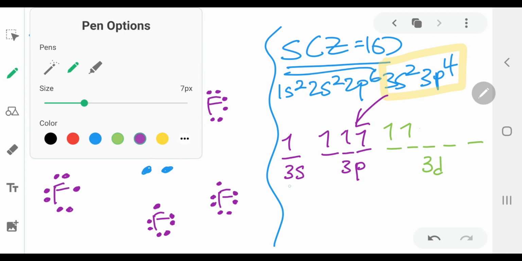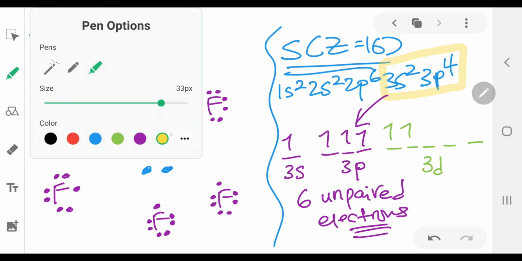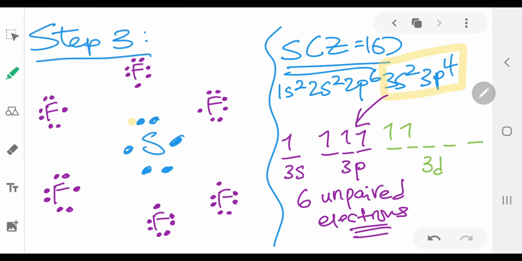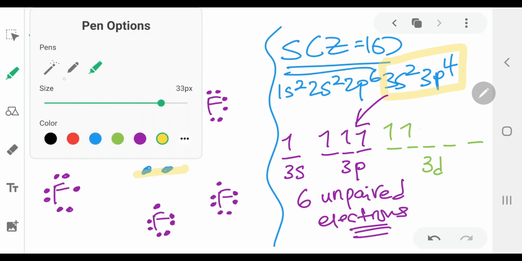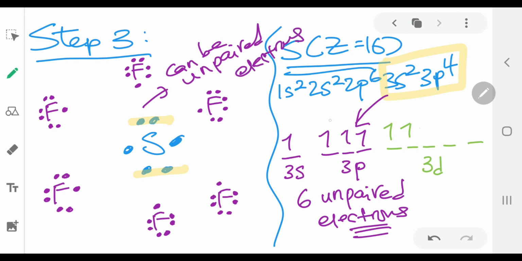So when you look at what happened over here, you have 6 unpaired electrons. Because of this phenomenon, unlike oxygen, it can have unpaired electrons, because it has the ability to do this.